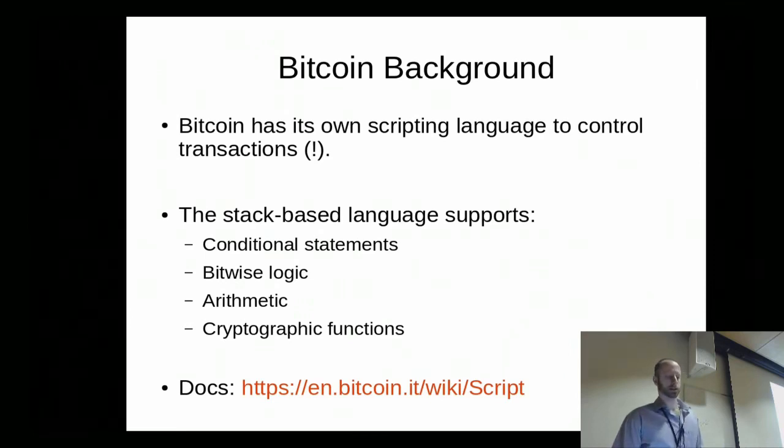This language is stack-based. There are conditional statements, bitwise logic, and arithmetic that you can do in this language. And of course, there are cryptographic functions. Many of them are actually disabled for standard transactions, and I'll get into that a little bit later. And if anybody's interested, there's a link to the documentation of this scripting language.